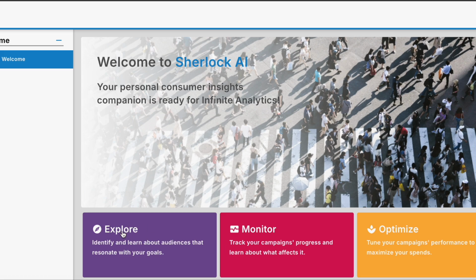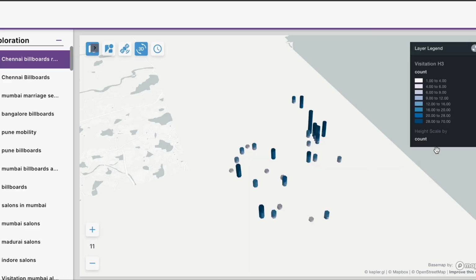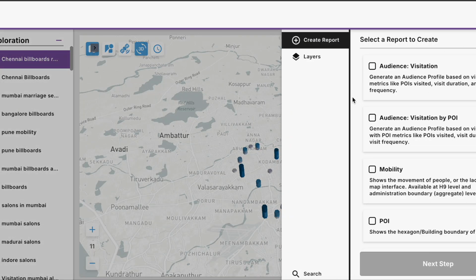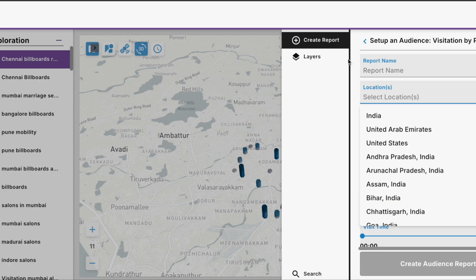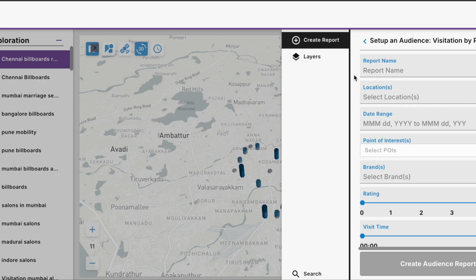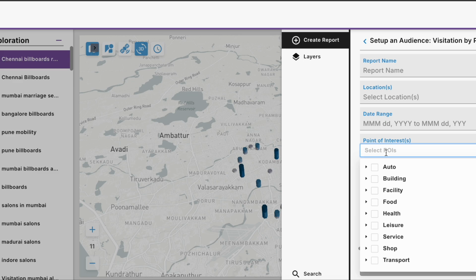I go to Sherlock, and I'm exploring a particular report, looking at the audience visitation by point of interest, and in this case the point of interest would be billboards.